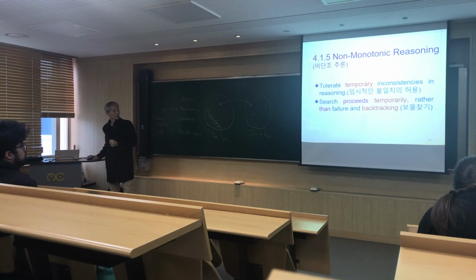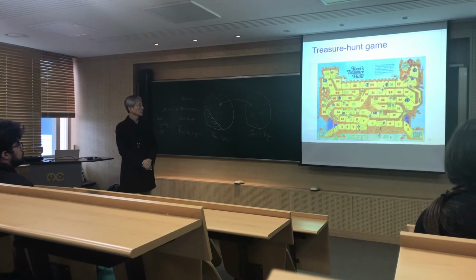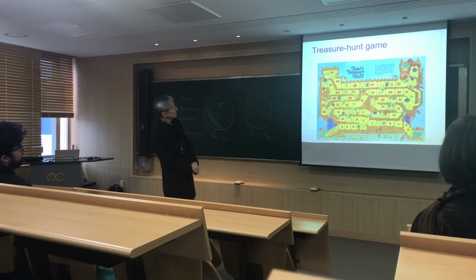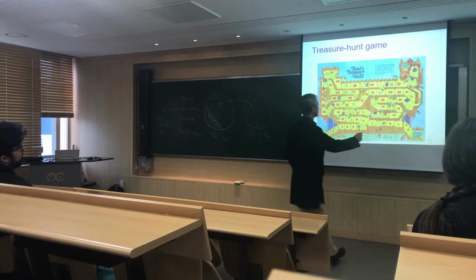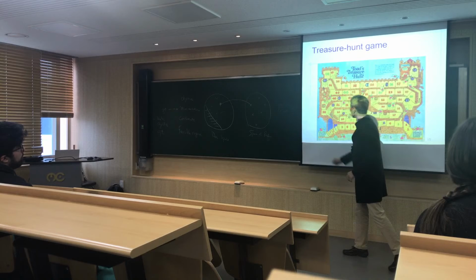Before going on to backtrack, right, this is just a typical game map, finding out treasure. Right? Where is the treasure? Ah, here is the treasure. Right? And starting from here. Yeah, starting from here.